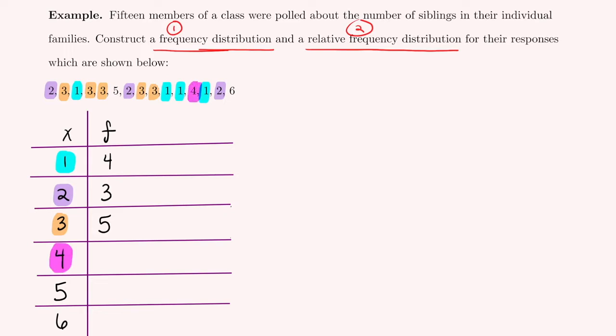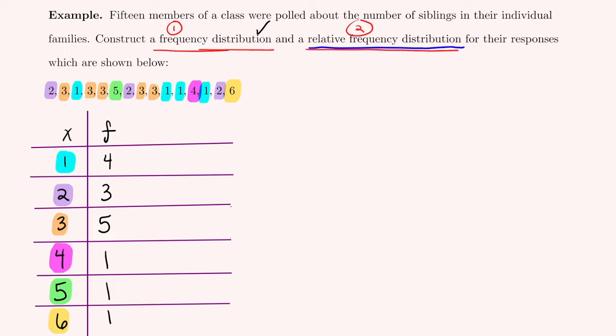The item 4 occurred once, so its frequency is 1. The item 5 occurred once, so its frequency was 1 time. And finally, the item 6 also occurred 1 time, so its frequency is also 1. Now this so far completes our frequency distribution.